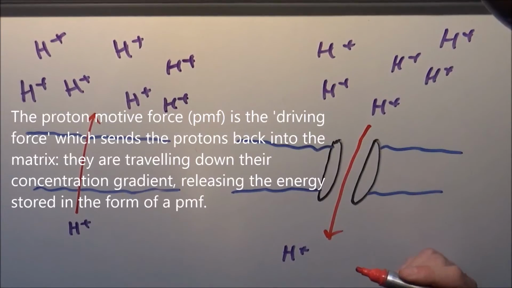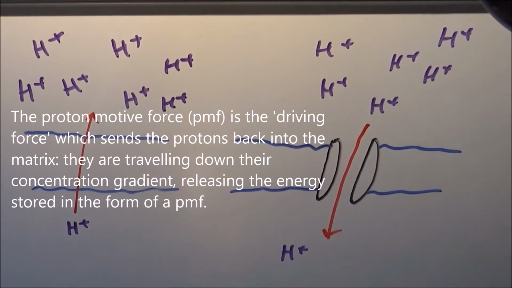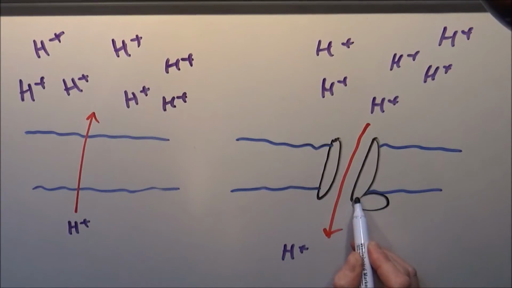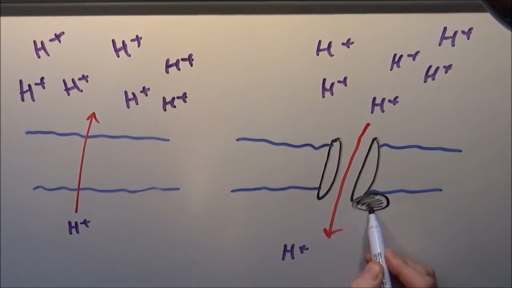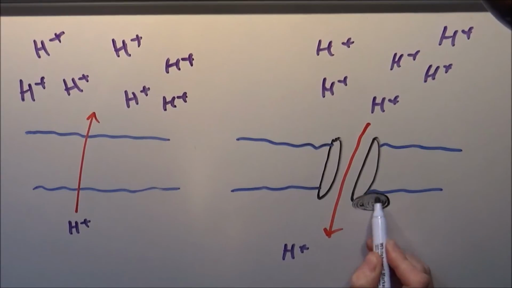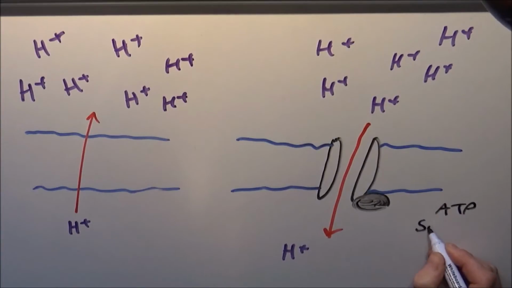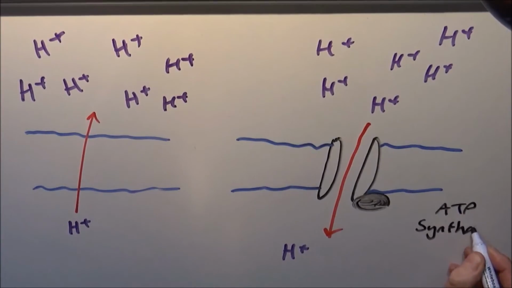Now, that energy would normally be dissipated as heat, but what happens in the mitochondria is that you have an enzyme associated with this channel, and this is the ATP synthase. This is the enzyme that's finally responsible for making ATP. So it's ATP synthase.